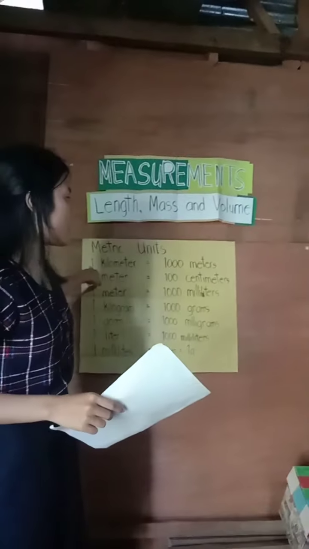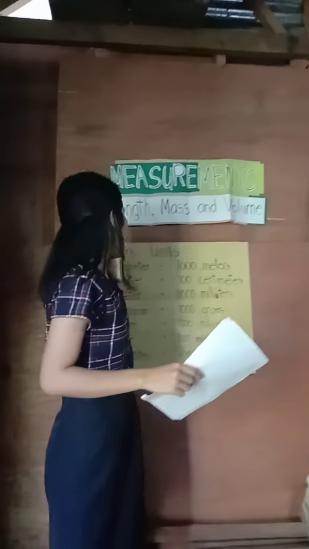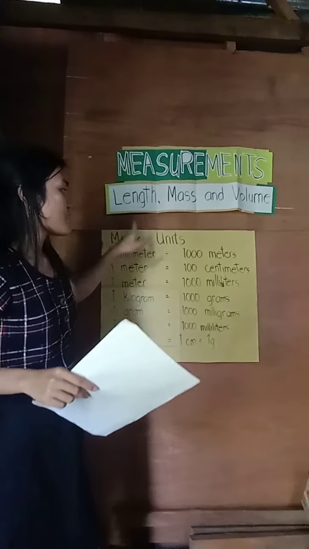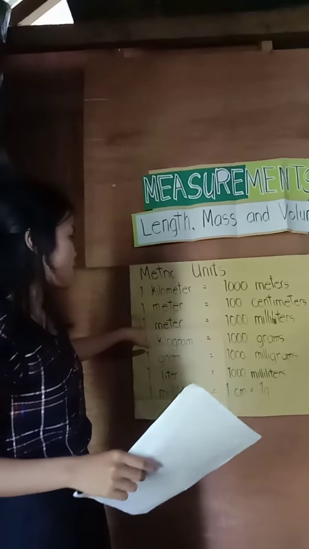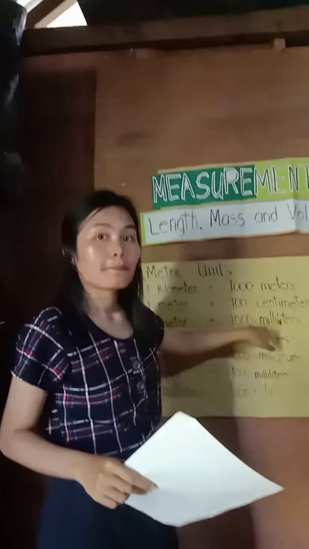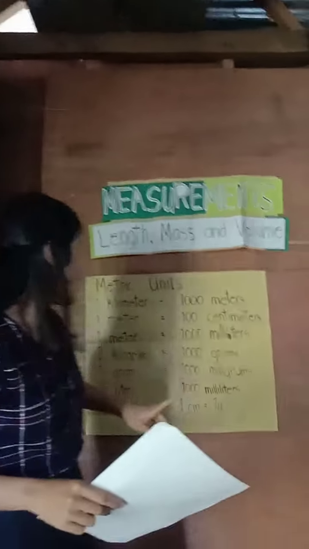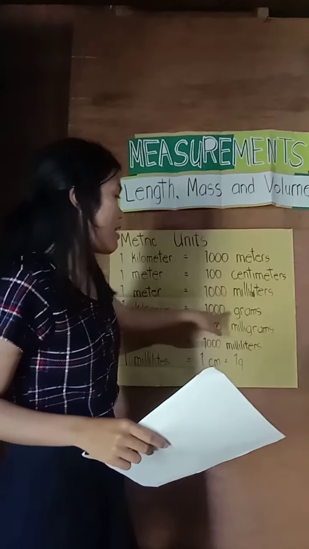Okay, so 1 kilometer is equivalent to 1,000 meters. 1 meter is equivalent to 100 centimeters. And 1 meter is equivalent to 1,000 millimeters. 1 kilogram is equivalent to 1,000 grams.